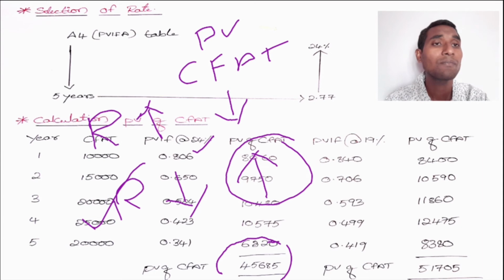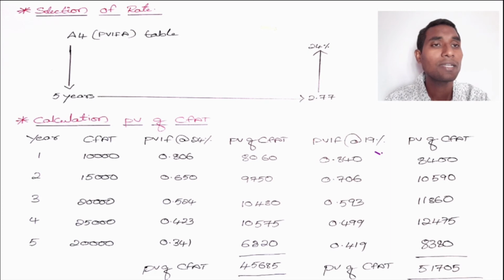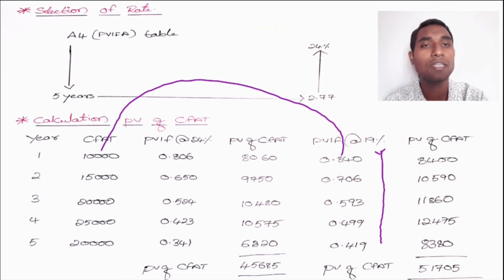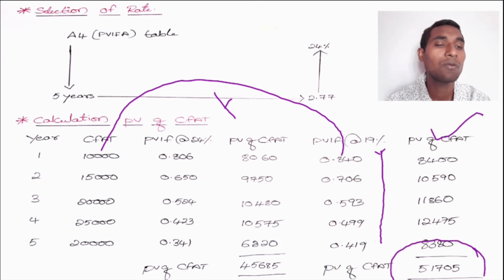So I took 19% so that I can get some value more than 50,000 rupees. So I have tried again by taking the A3 table values. I have tried this 19%. So I got PV of CFAT, I have totaled it. Now I got a value which is more than 50,000.